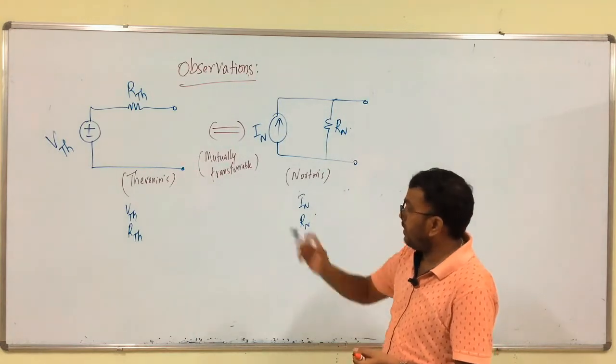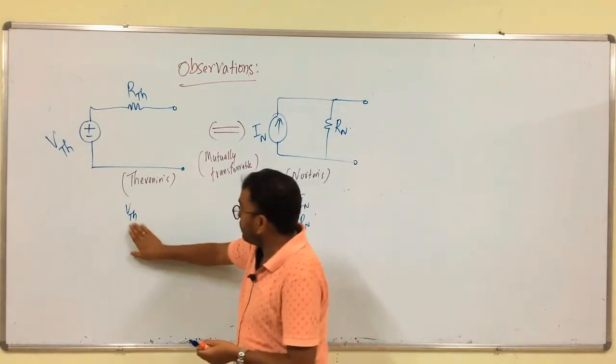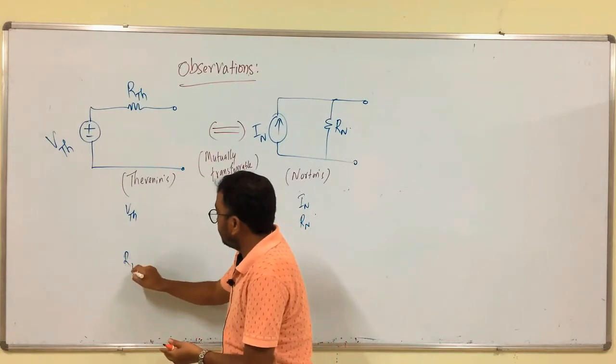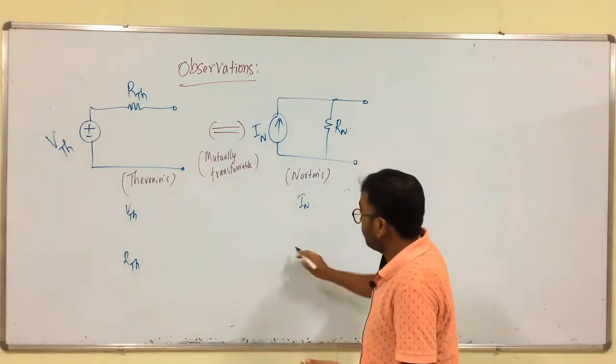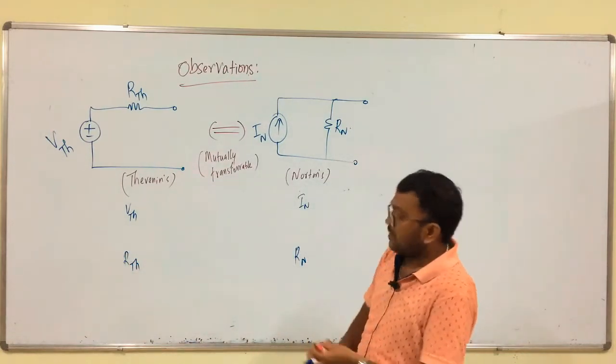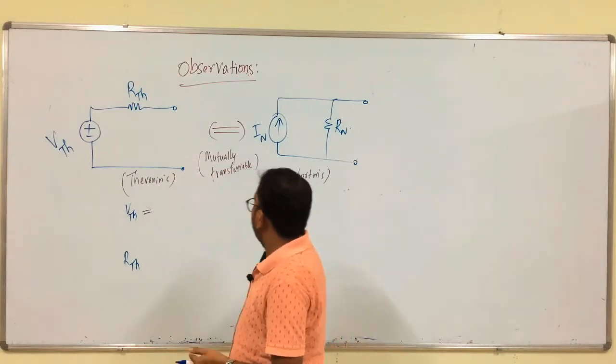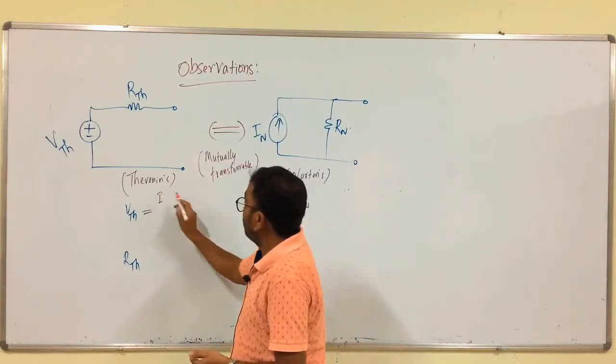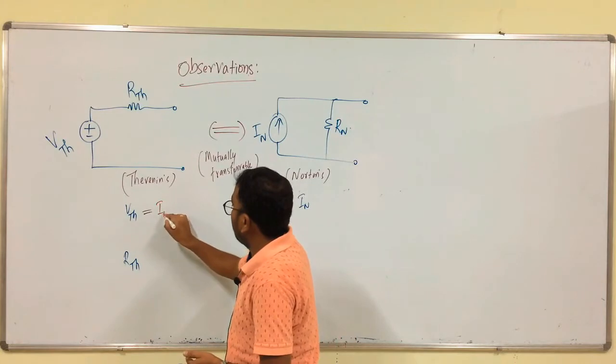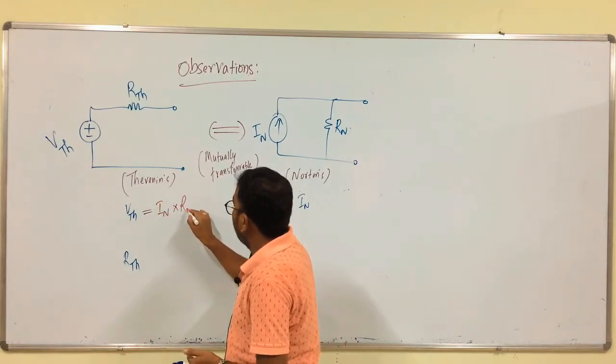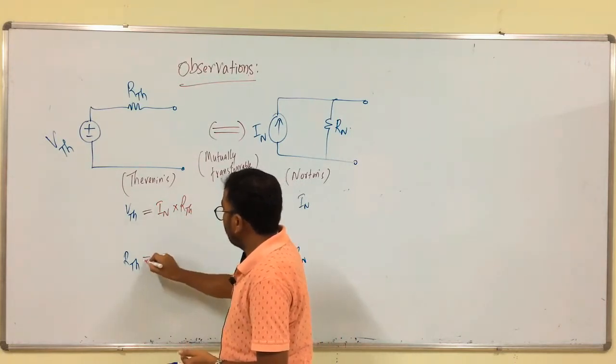Okay. So, here the VTH value is nothing but, like this you have to write, for example, if we have the Norton's current IN into RTH, which equals Rn.